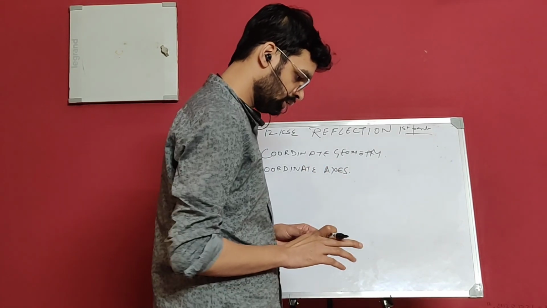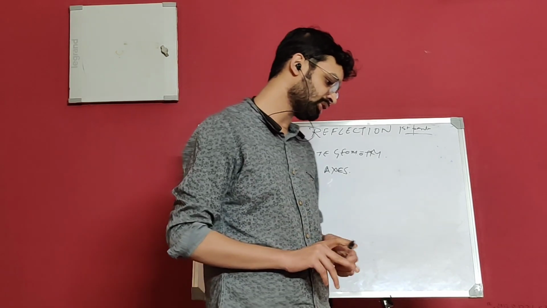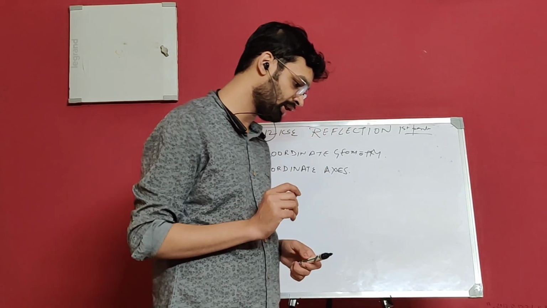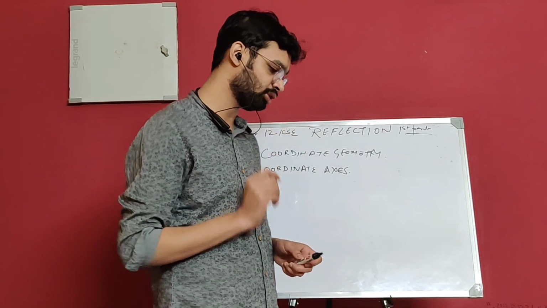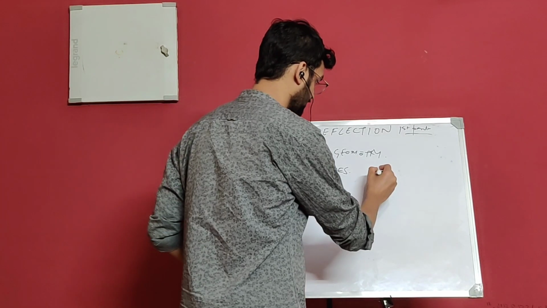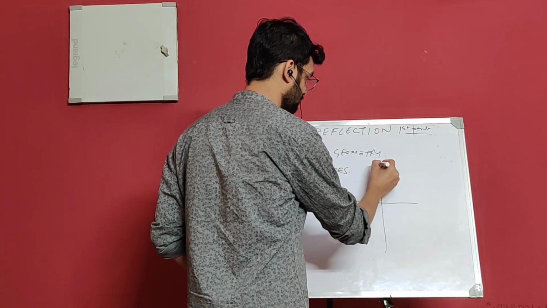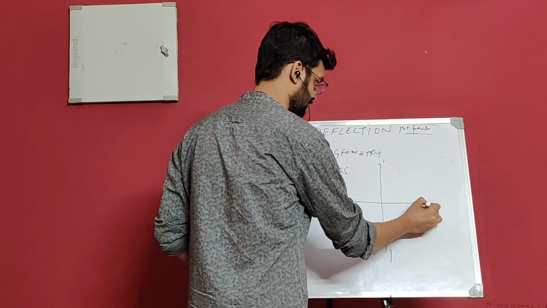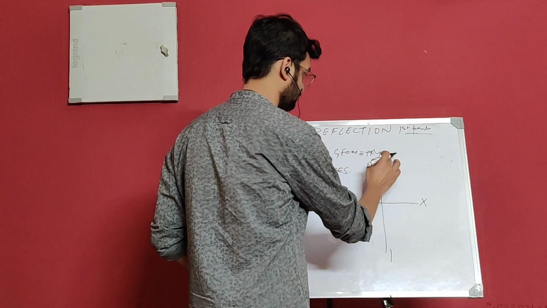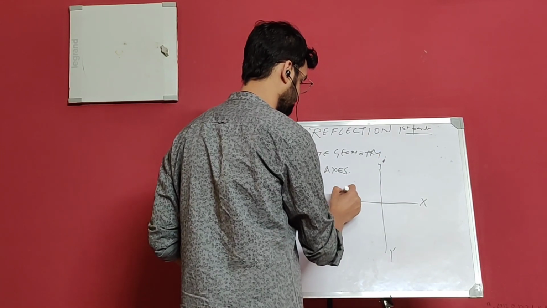The two mutually perpendicular number lines intersecting each other at the zeros are called rectangular axes, or coordinate axes, or axes of reference. See, I made a diagram where this is y dash, y, this is x and this is x dash.